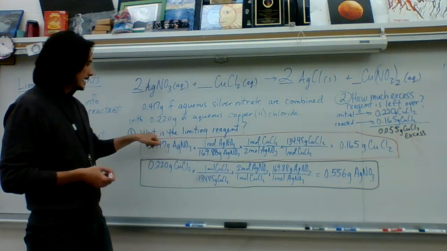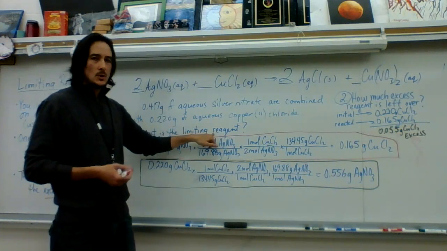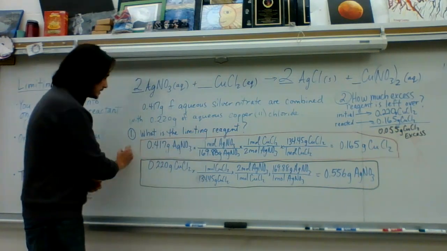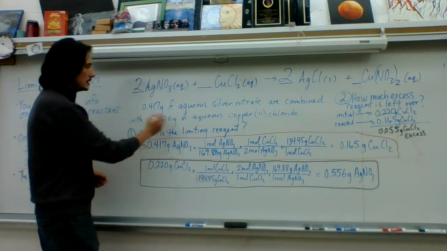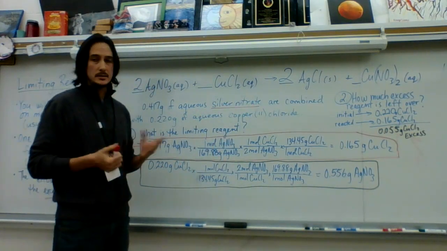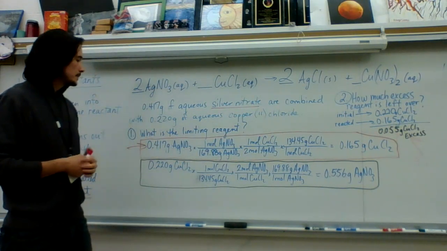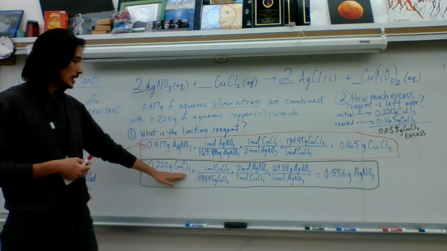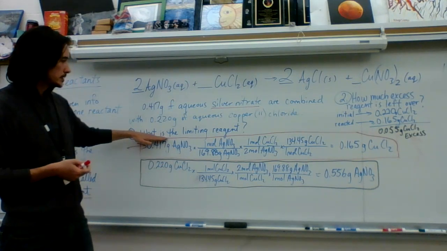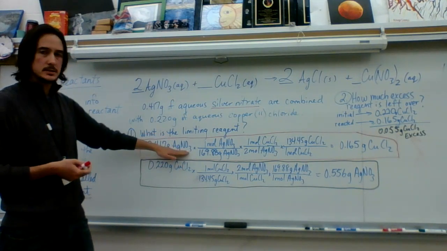So to answer the question, what's the limiting reagent, which one is going to fully react, the answer is the silver nitrate is the limiting reactant or reagent. That means the copper 2 chloride will be the excess reagent. So that's the first question, and it's silver nitrate.